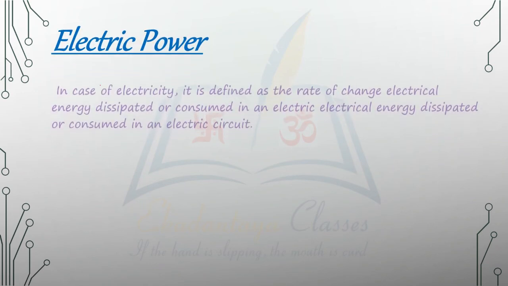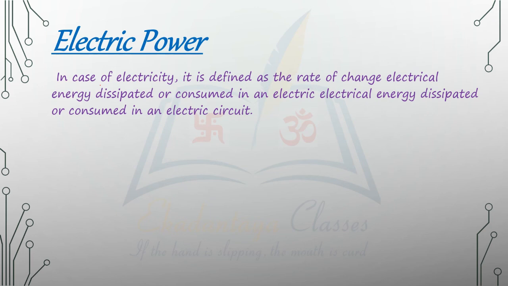Electric power. In case of electricity, it is defined as the rate of change of electric energy dissipated or consumed in an electric circuit. That is P is equal to VI.